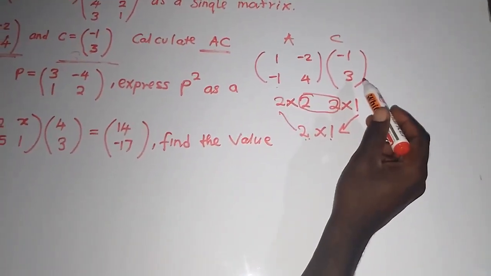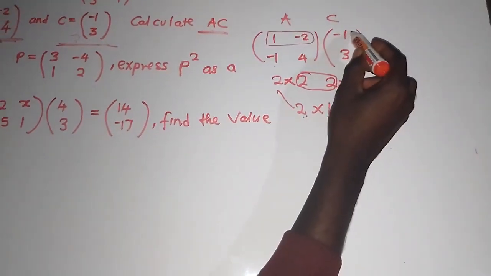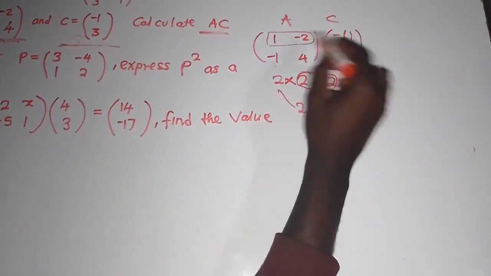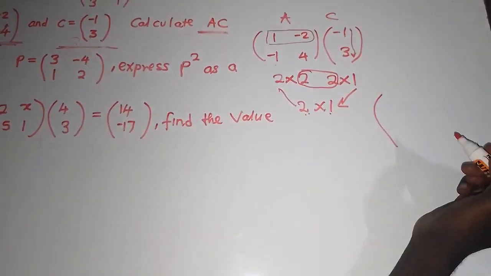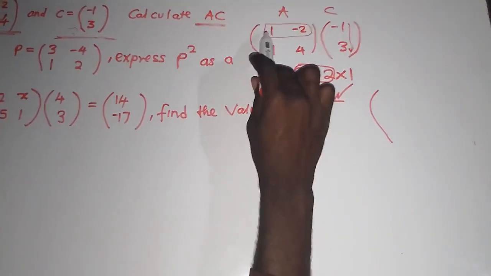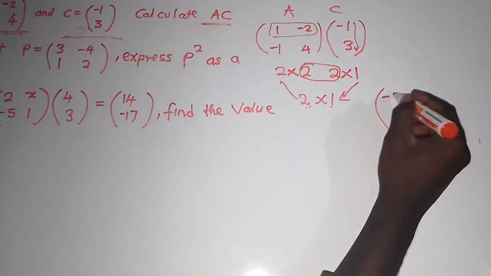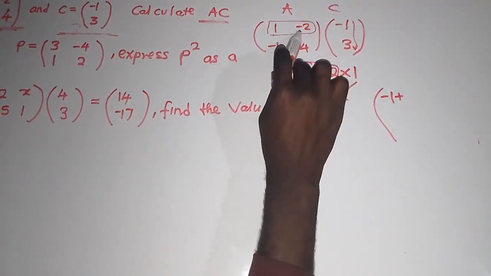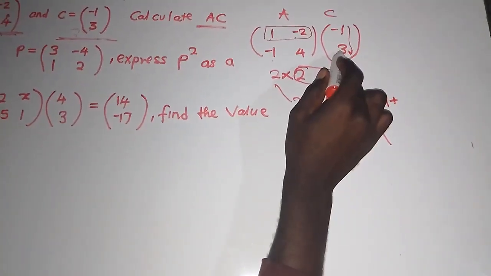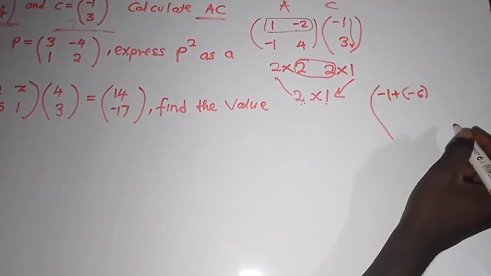The way I'll be multiplying, I'll get this row on top and multiply it with this column. It is on top, so I'll write that number on top. I say 1 times -1, it is -1. Plus -2 times 3, it's negative 6.